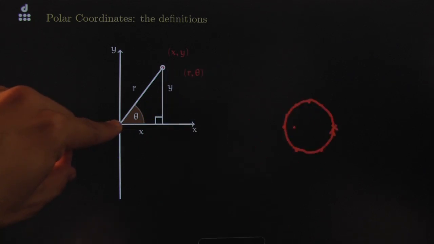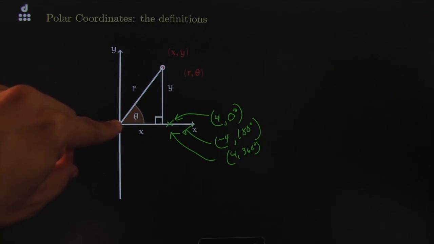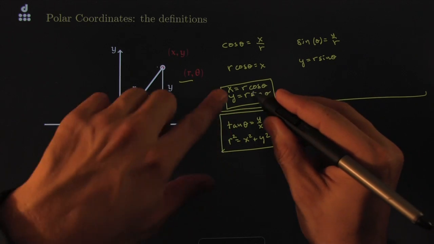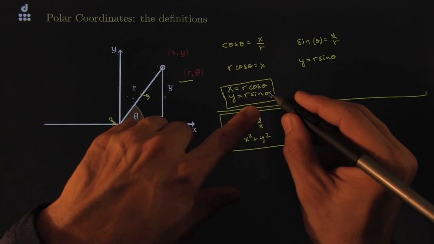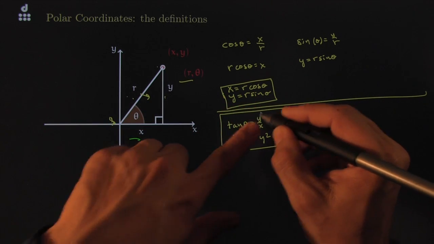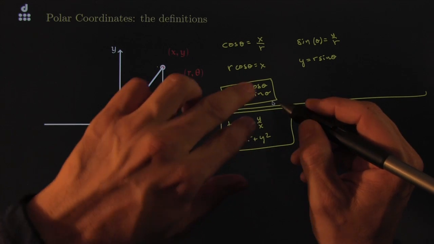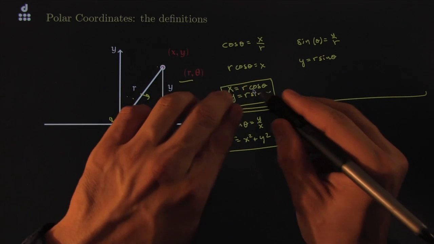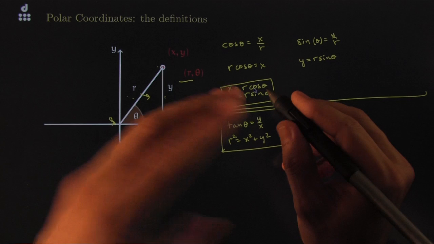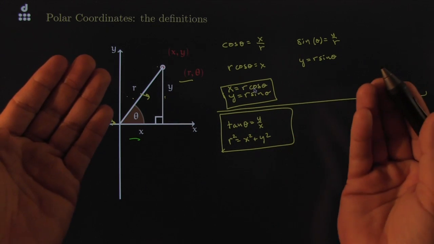That gave us r, cosine theta, sine theta, and the tangent of theta. Those are crucial, the defining relationship between x's and y's and r's and thetas.